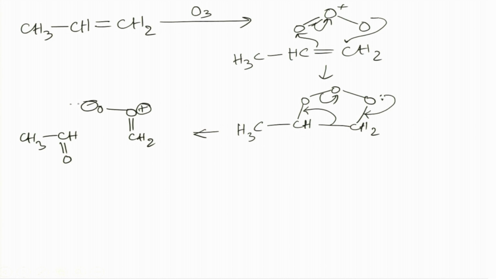So, this negative charge will attack the carbonyl carbon. Since the carbonyl carbon has a partial positive charge, this bond will break and it will attack this carbon, and this bond breaks to neutralize O plus. So, we get this compound.